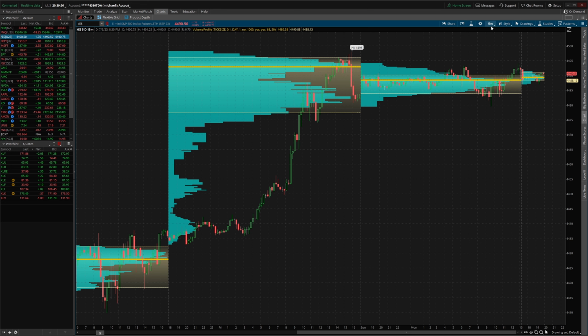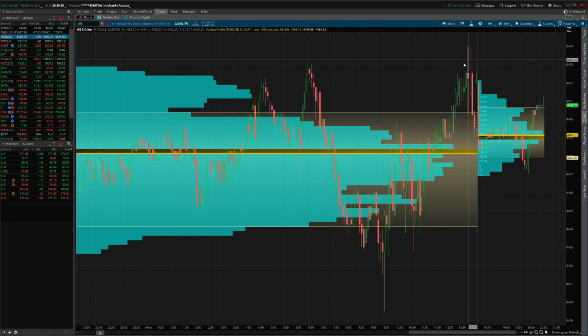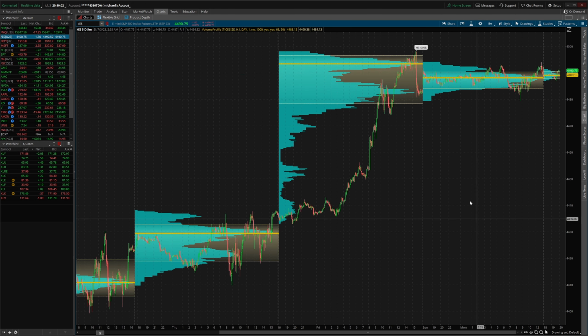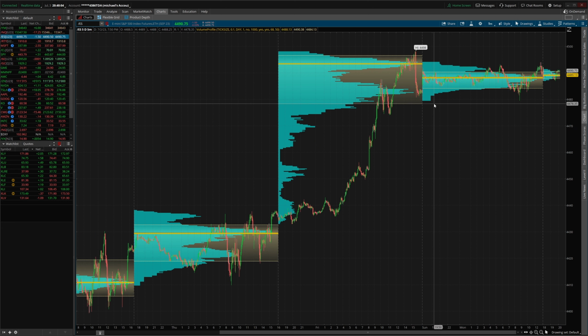If I change this chart again to a 5-minute chart, we can now see, and I'll zoom this back out so you can see it's the same profile, we have value area low at 44.78.35, which is very close to the same level that volume profile is on the NinjaTrader platform. So for me, this is a big problem with the Thinkorswim platform.